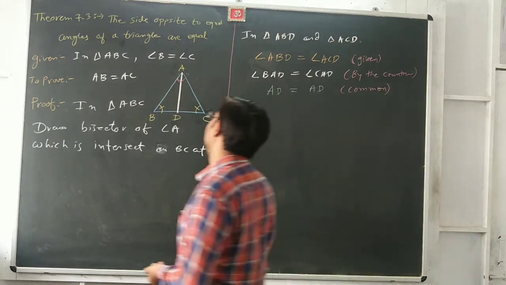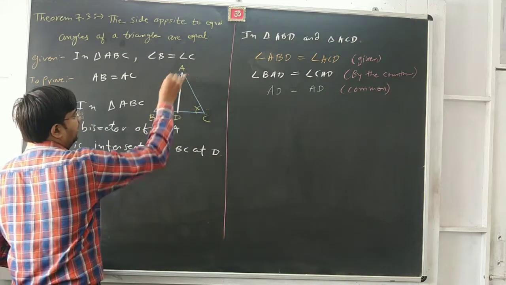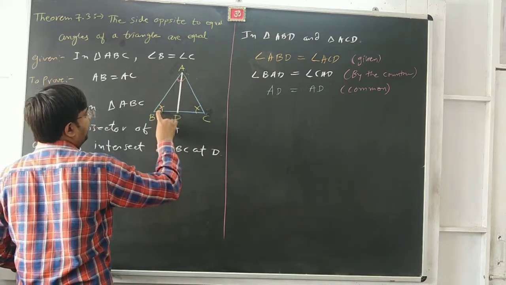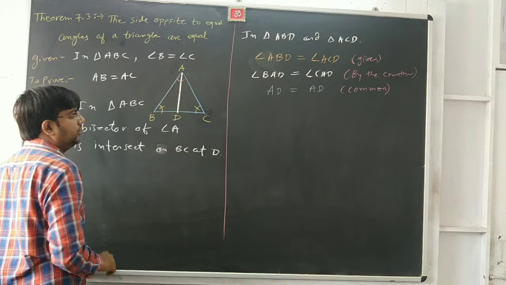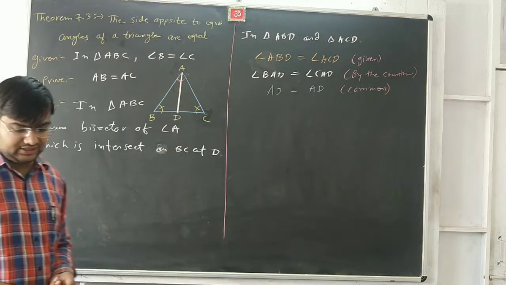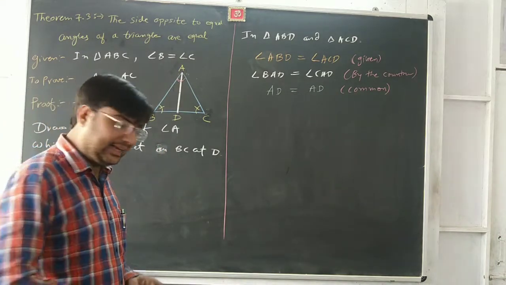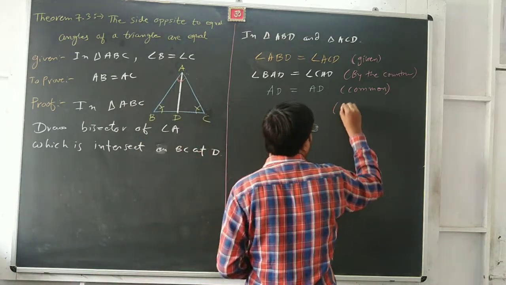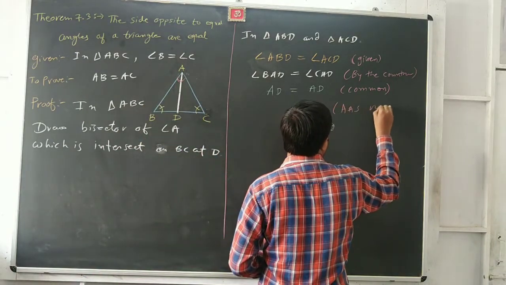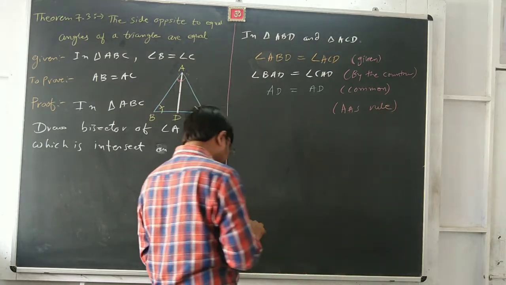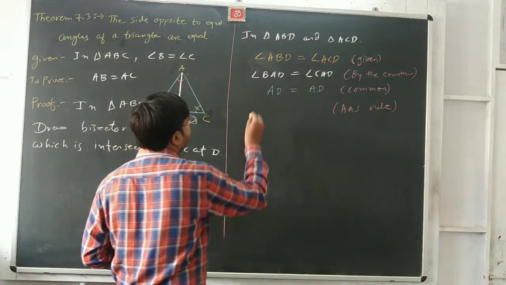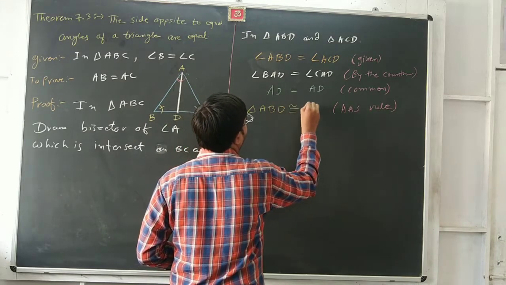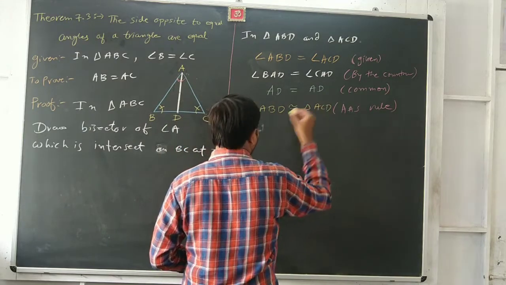Okay. We have to prove it by the angle side angle rule, so we can write the ASA rule. We can write triangle ABD congruent to triangle ACD.